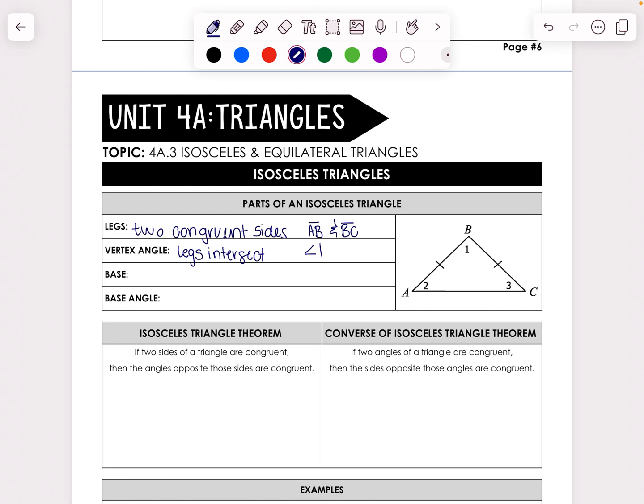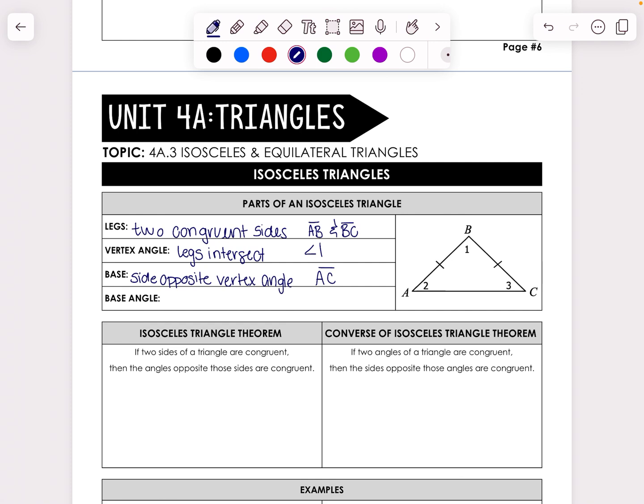Then the side opposite the vertex angle is going to be called your base. So the base of our isosceles triangle is AC, directly across from our vertex angle.